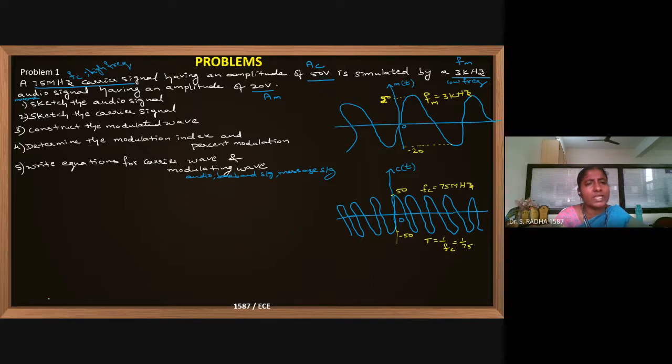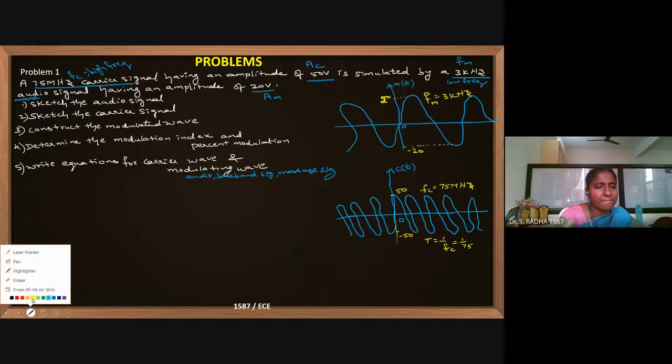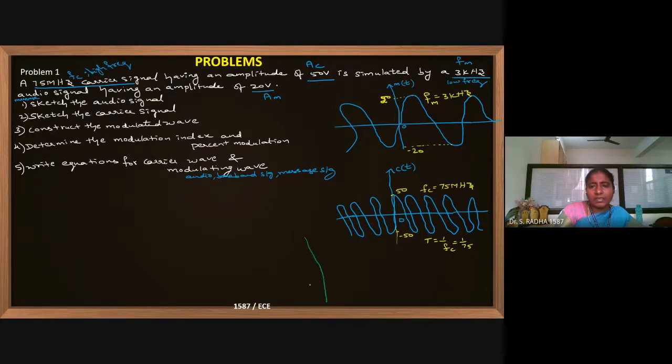Sketch the carrier signal, completed. Now sketch the modulated wave. How will the modulated wave look? If I take the x-axis and y-axis, the outer shape will be similar to a sine wave.